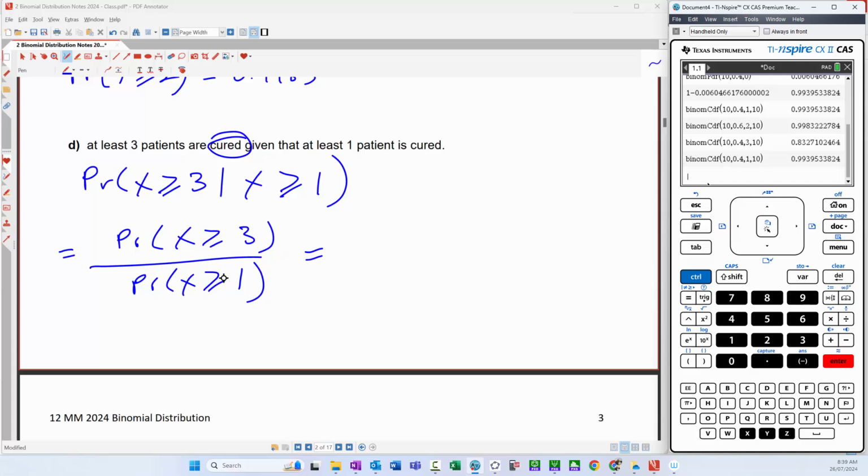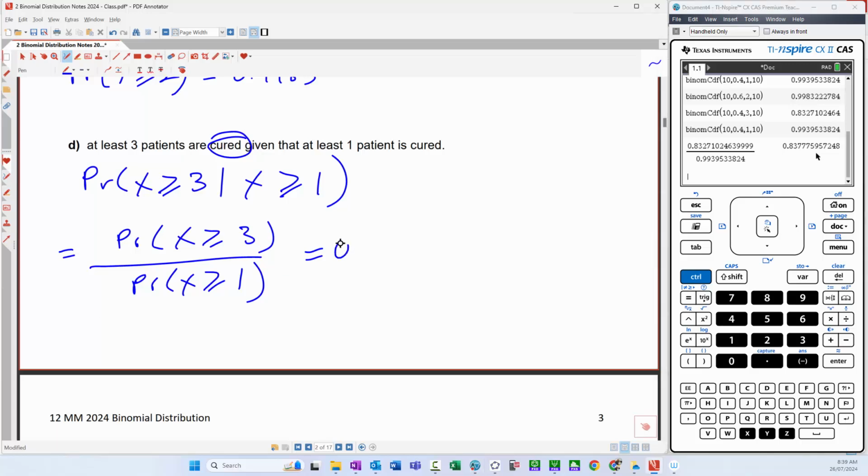The denominator should be higher than the numerator, so that's always a good sign. And then all I do is I copy them across. And then I note down the probability, 0.8378. So again, please note the different things that we've done on the CAS.